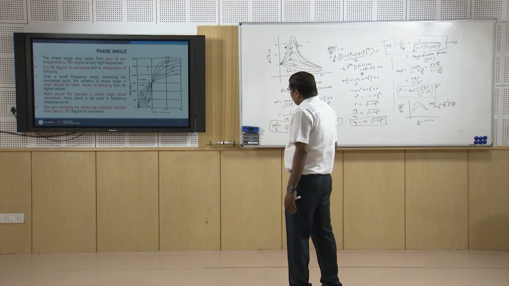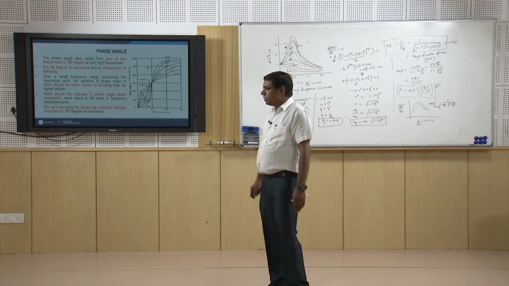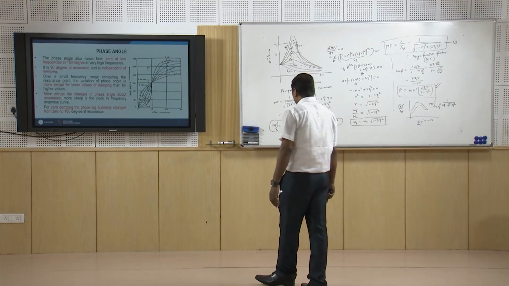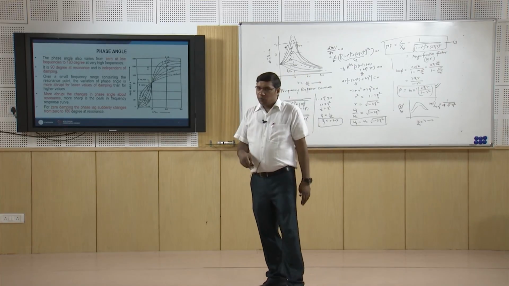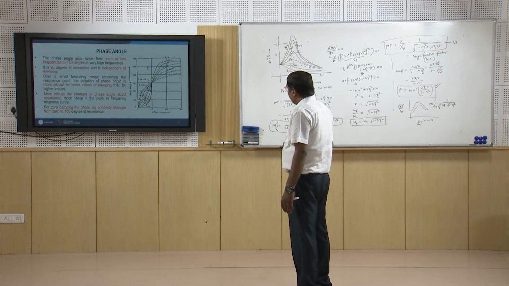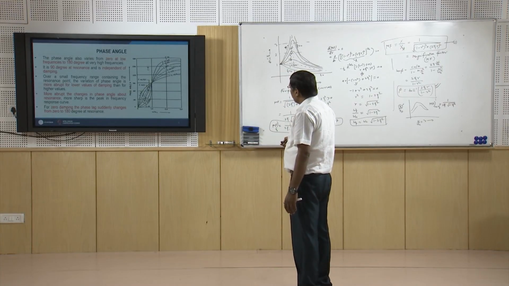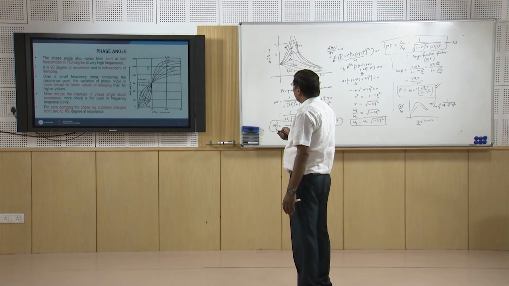So if we have a lower value of damping in the phase angle plot, there are more abrupt changes. So here we see that if we have zeta equal to 0.125, or zeta equal to 0, you see zeta equal to 0 is this line. So this line at 1 is going to 90 and then it is going to 180 degree.